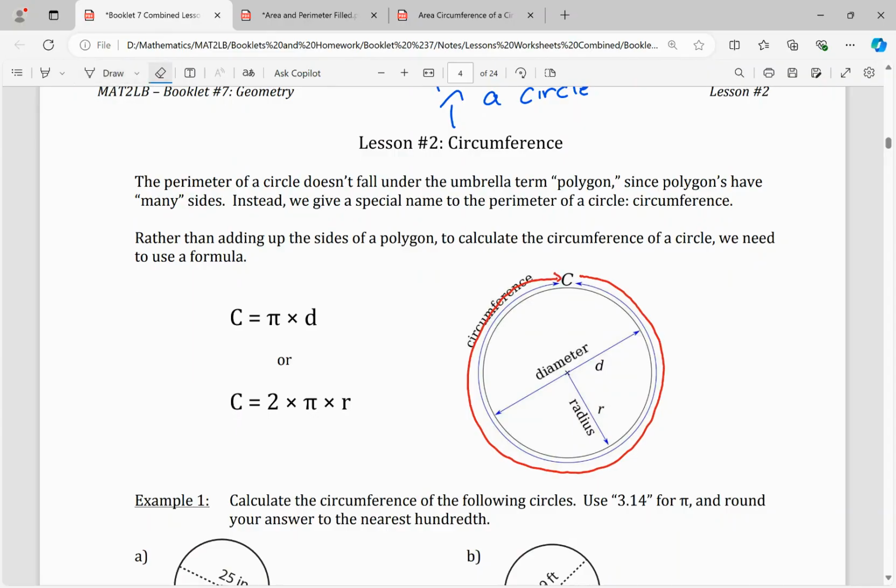Now, it is significantly more difficult to calculate the circumference or perimeter of a circle because it's not like we're adding up many different sides. There is only one different side to a circle. So instead, what we need to do is use an equation. And if you don't already have a calculator out, you 100% absolutely need a calculator for this lesson.